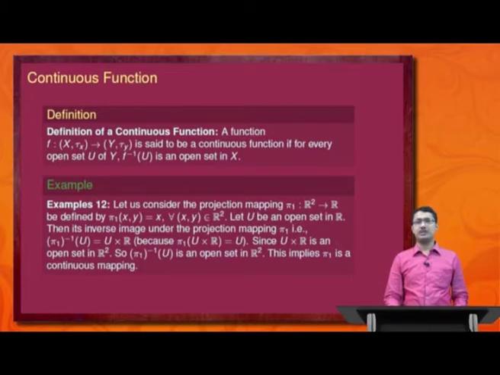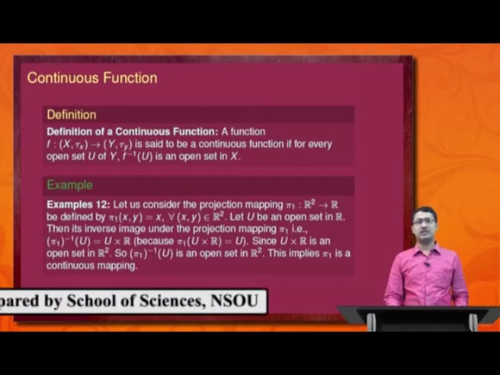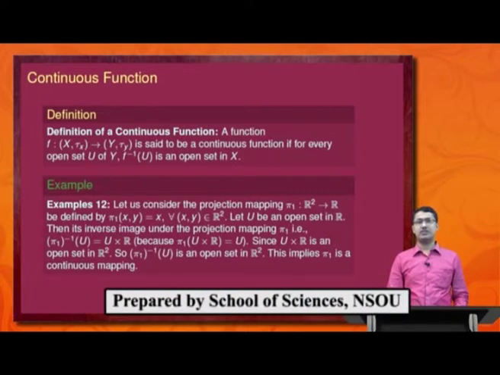Let U be an open set in R. Then its inverse image under the projection mapping pi_1, that is pi_1 inverse of U, is nothing but U cross R, because pi_1 of U cross R is equal to U. So U cross R is an open set in R square.